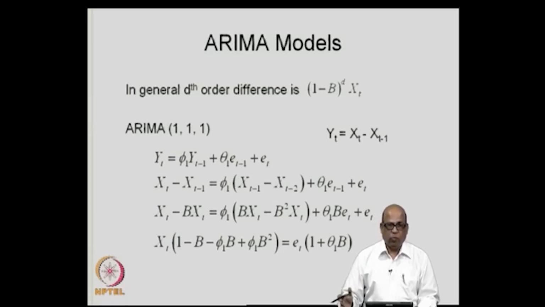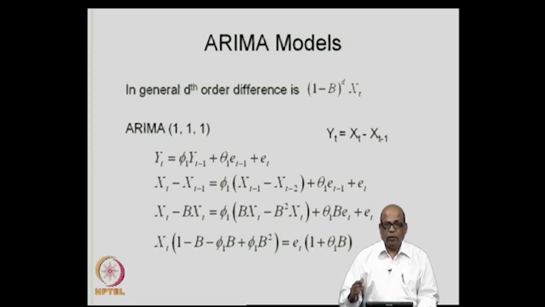P can vary from 1 to let us say 20, 25 and so on, and you can keep on going depending on the data. Then similarly Q, MA parameters, theoretically you can keep on going 1, 2, 3, 4, 5, 6 and so on. And the order of differencing, first order differencing, second order differencing, etc. So, virtually you can theoretically form infinitely many models using this general structure. So, for a given time series, which among these infinitely many possible models are in fact feasible or can be used for the given time series is the primary question that we need to answer.